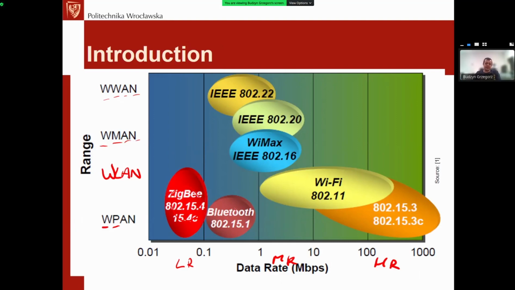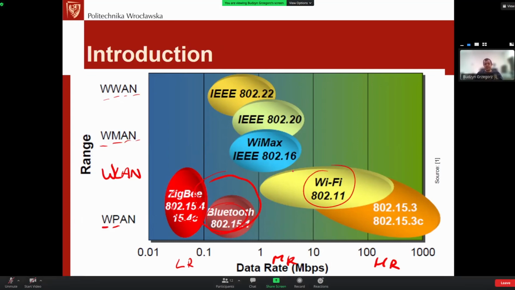Then we have the interfaces based on Bluetooth itself, 802.15.1, which have higher data rates. The range is, to be honest, similar. Then we've got Wi-Fi, from those three popular interfaces, with a much higher bitrate and of course a range that goes up to tens of meters.